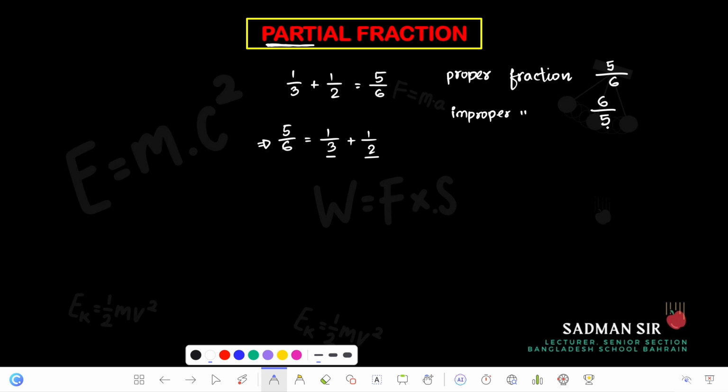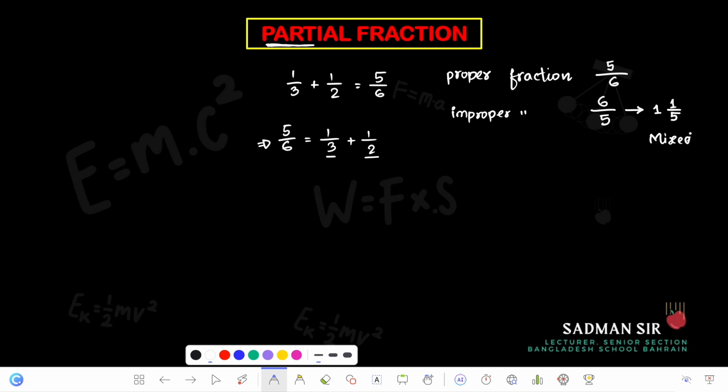We know that an improper fraction can also be expressed as a mixed fraction, right? I hope many of you know, but that is not our main topic to discuss today. I'm just showing you that an improper fraction can be expressed as a mixed fraction.